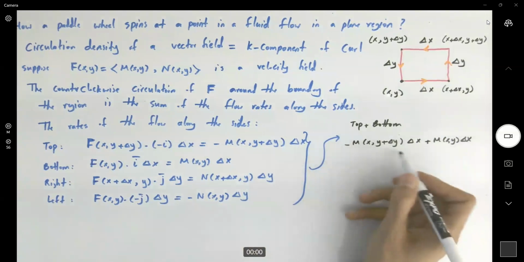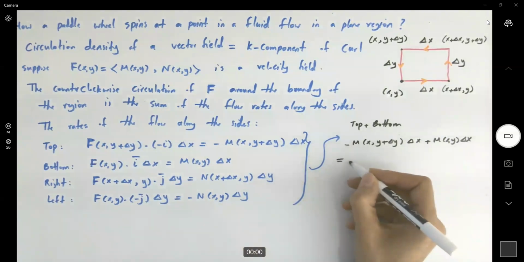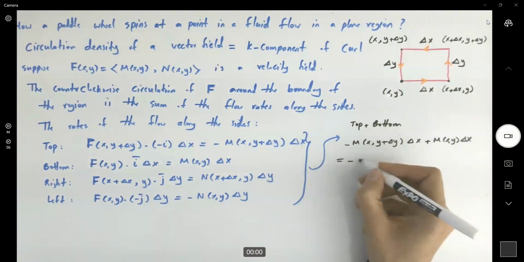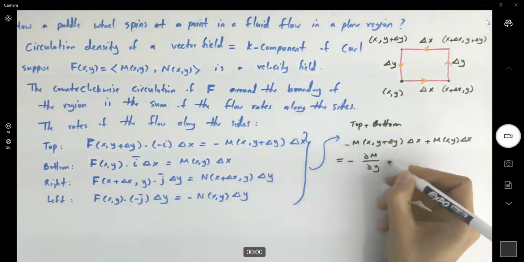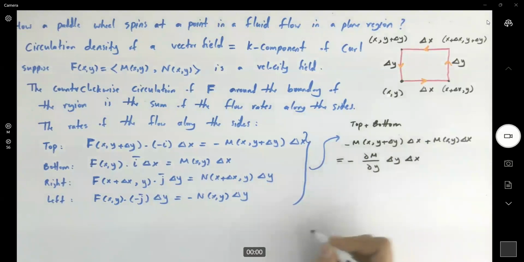If you factor out the negative sign, you have minus the partial derivative of M with respect to y delta x.